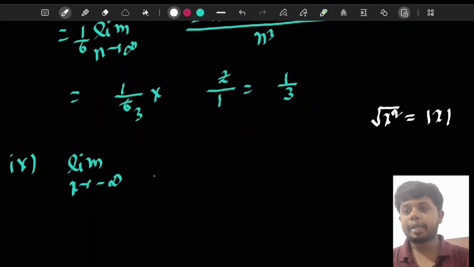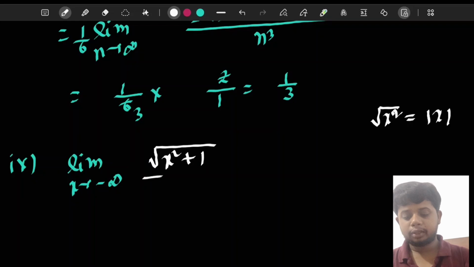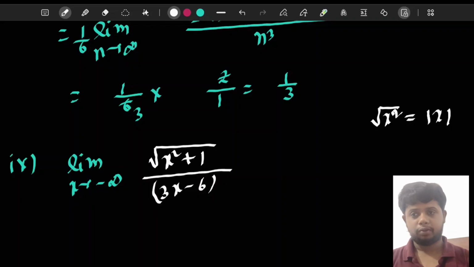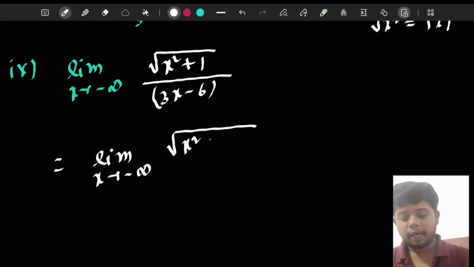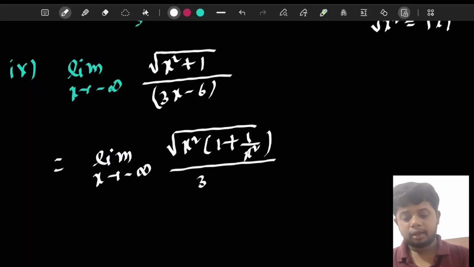So limit extending to minus infinity, here I am getting under root of x square plus 1 by 3x minus 6. Now listen to me very carefully. Here I write limit x tending to minus infinity, and here I will take common x square. I am getting 1 plus 1 by x square by 3x minus 6.